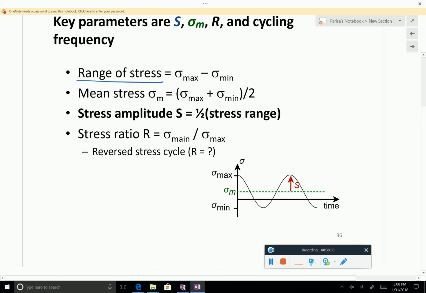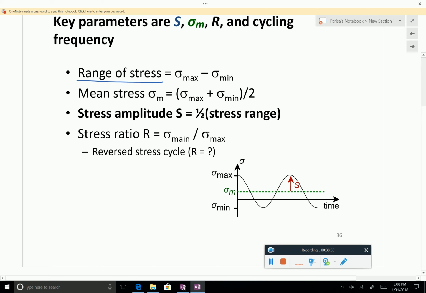The average stress or mean stress is half the summation of maximum and minimum. And that is the green line you see here. So here, for example, if I would draw the range, and amplitude is half of the range you see here.